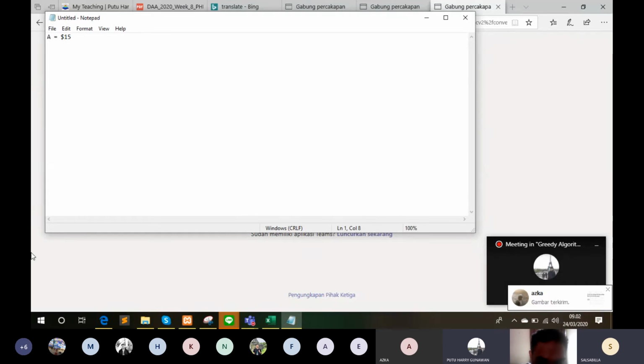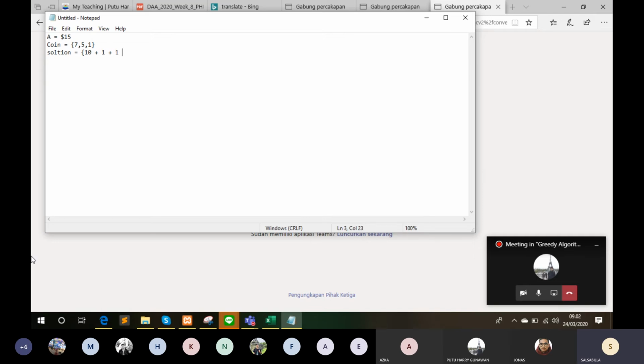How are the solutions? Yes, 15. And then you have coins of 10, 7, and 1. The solution is this one, 6 coins.